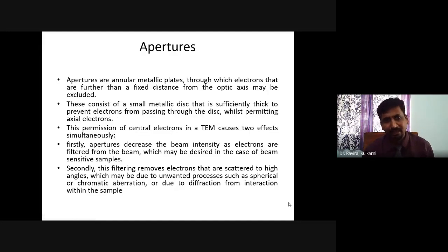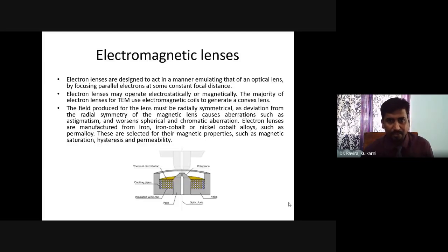Apertures are annular metallic plates through which electrons that are further than a fixed distance from the optic axis are excluded. So if the electron is going in this direction, it will be excluded. Only the electrons moving in this particular straight direction, in the axis, are allowed to pass through.